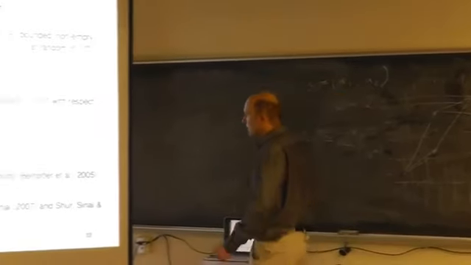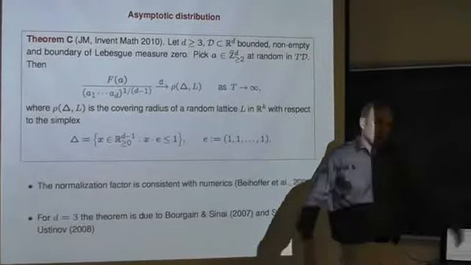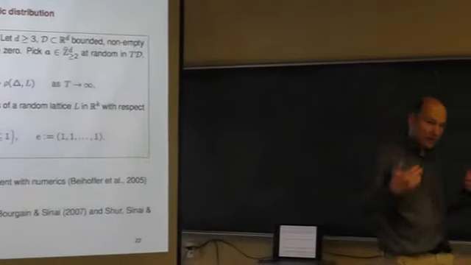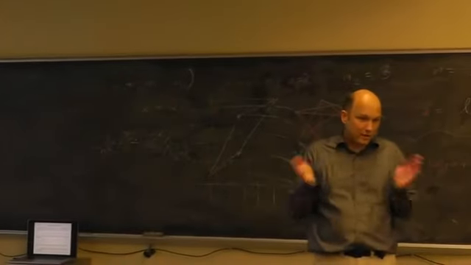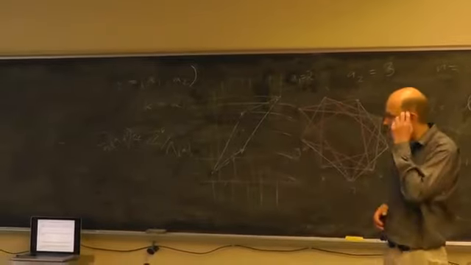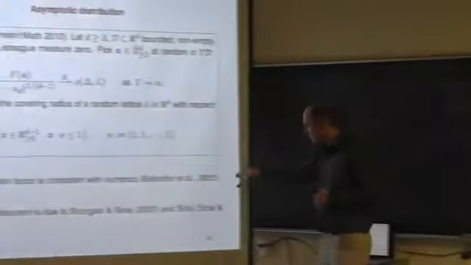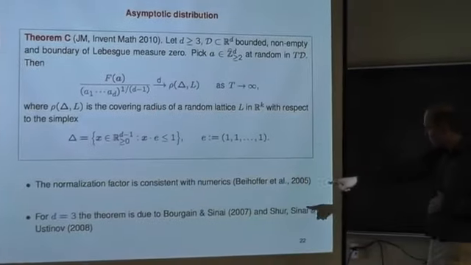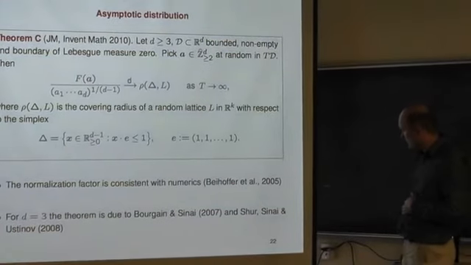In any higher dimension, it's this thing, and in fact, one can show that the density is a nice continuous density. So only in d equal to 2 it's something singular. After that it becomes something else. And people have done numerics with this. So for d equals 3, Bourgain and Sinai proved such a theorem, and in higher dimensions they couldn't quite do it.